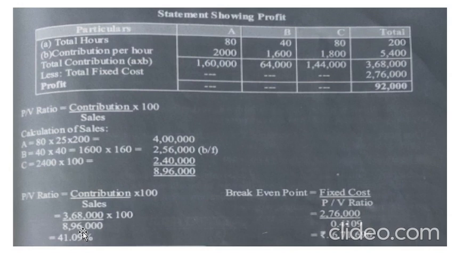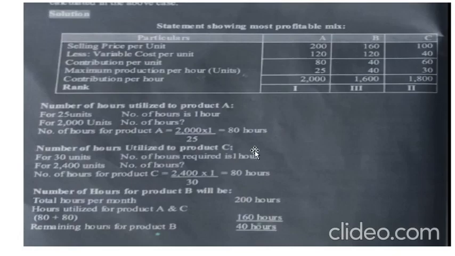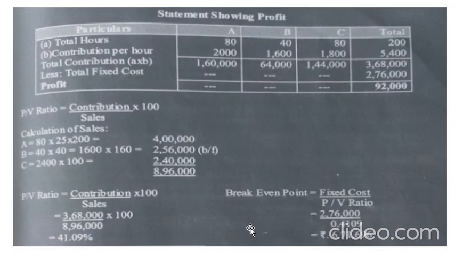So before we calculate the break-even point, let us find out the profit we get. The total hours are 80, 40 and 80, which you got from here: 80 for A, 80 for C and 40 for B. This is the total hours to produce the maximum demand.